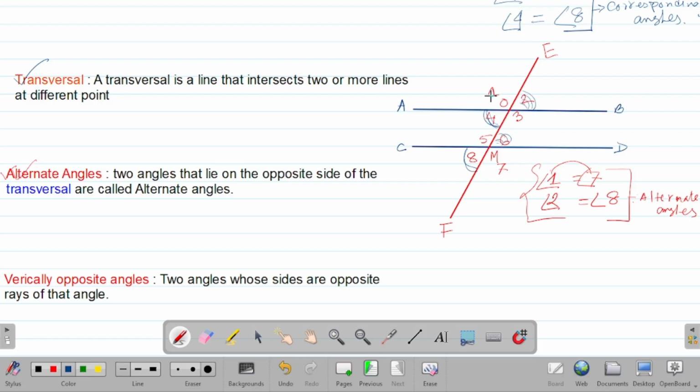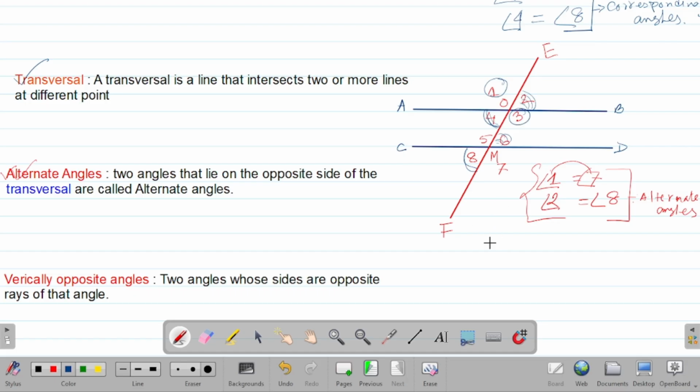That means if you think that AOE is an angle, and if you extend EO towards F and AO towards B, then angle 1 and angle 3 would be vertically opposite angles.